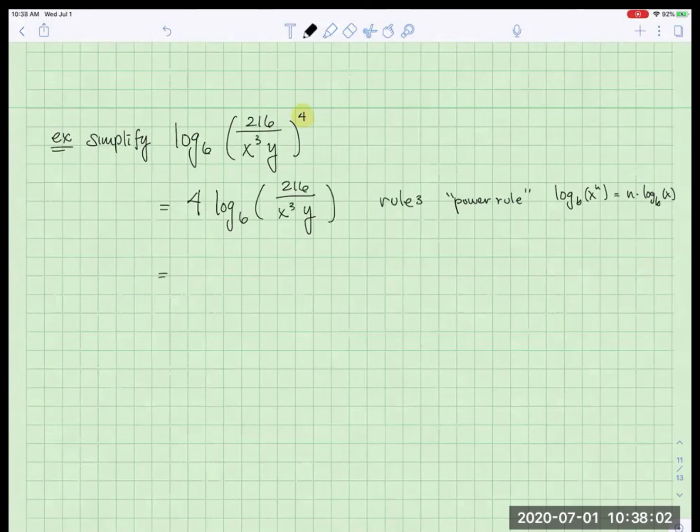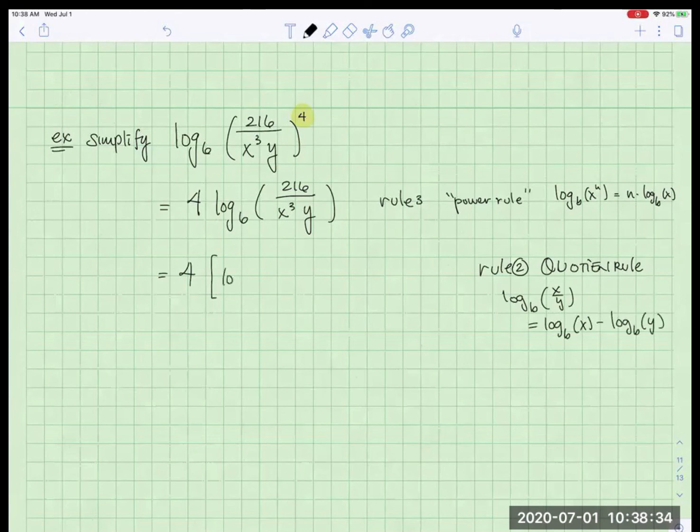Then we can go ahead and use some parentheses here. We'll break this up even further using rule number 2, the quotient rule, which says that log base b of x over y is log base b of x minus log base b of y.